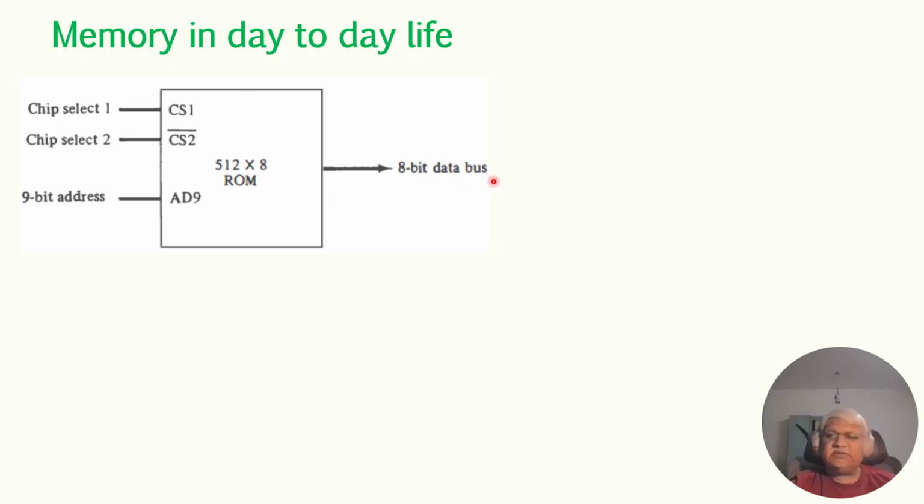It can be accessed through an 8-bit data bus, so it is mentioned as 512 by 8. There are also chip select pins, based on which this memory can be kept in different modes, like switch off mode, completely shut off, deep sleep mode, or sleep mode, so that power can be saved.